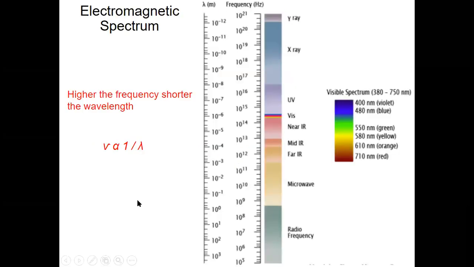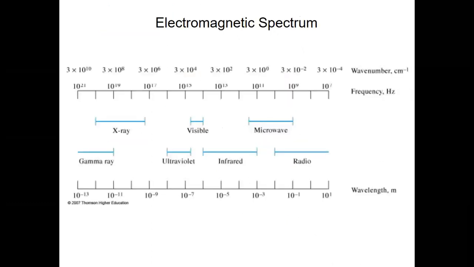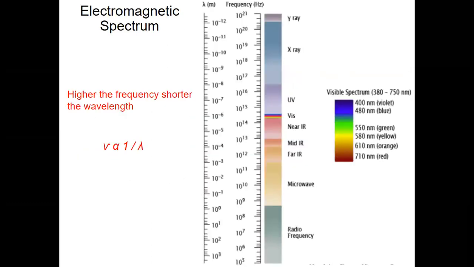Right. Now let's see the electromagnetic spectrum. This electromagnetic spectrum can be represented either in a vertical way or a horizontal way. The image that I took is this one, but there's another image, I will show it later. Sorry, this is the electromagnetic spectrum.